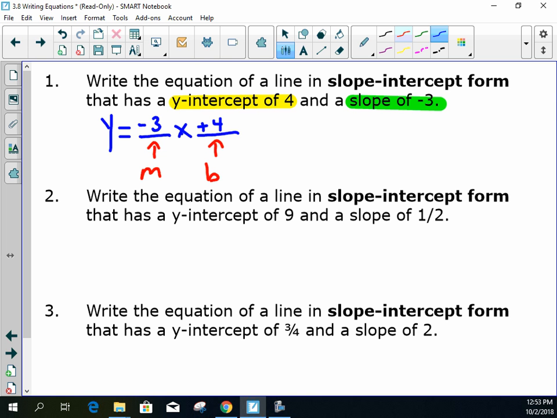Please do not write y equals negative 3x 4. That is wrong. You have to have a sign between the x and the 4, telling me that those terms are separate. Now, I think that's pretty straightforward, don't you? So we're going to skip to the next section.